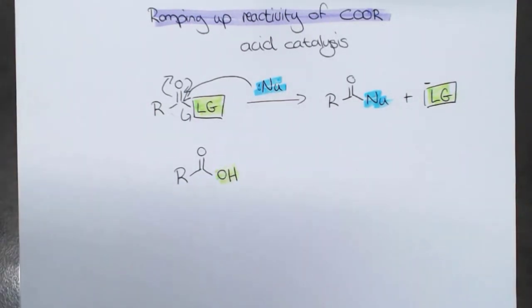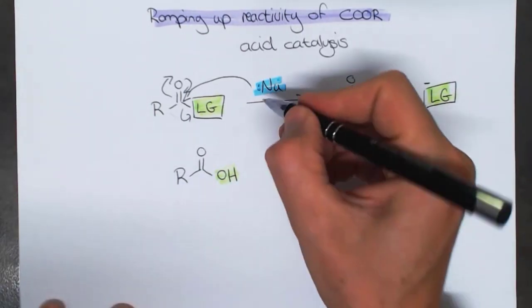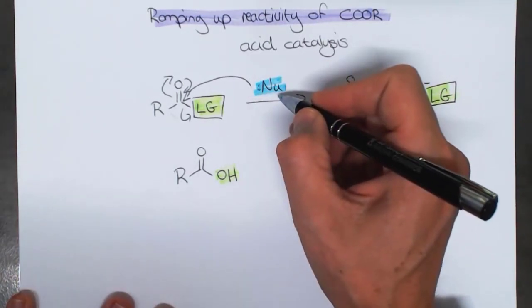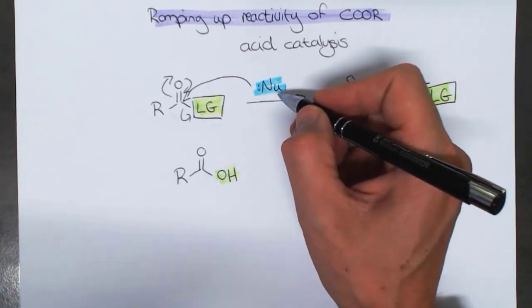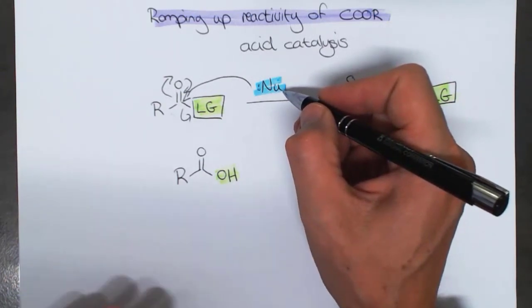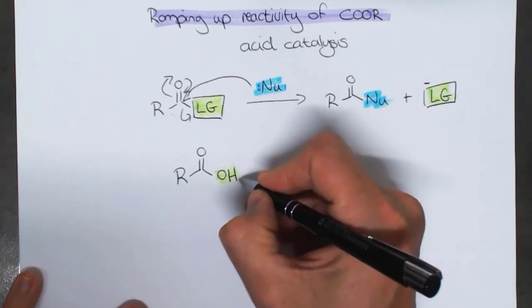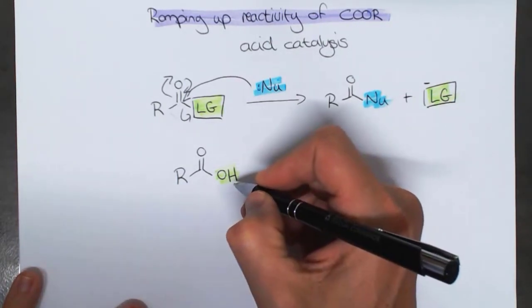There's a very good reason for this, an excellent reason, and that is to remind ourselves that, number one, nucleophiles are bases. They are typically good bases. And the other thing we need to remember is that carboxylic acids are acids.